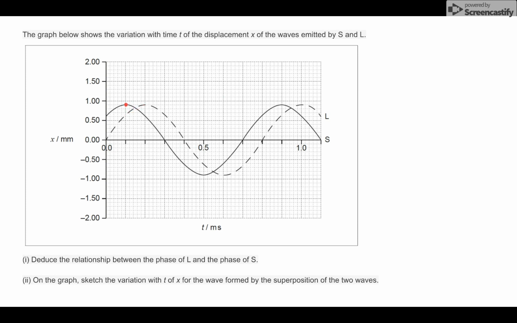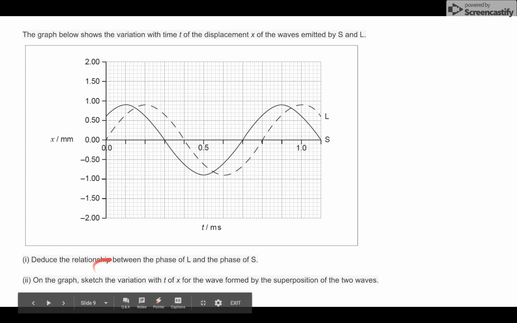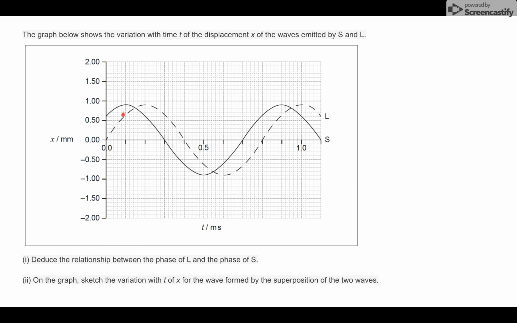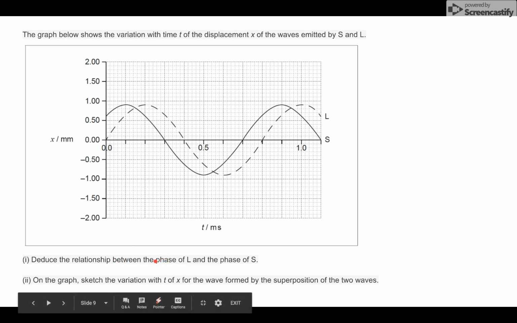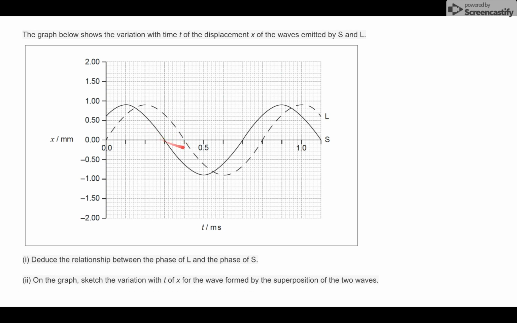So from this, we can clearly see that wave S is leading ahead of wave L. So we've answered part of the question. Now we can tell that wave S is leading ahead of wave L, but another question in order to make this answer complete is, by how much is wave S leading wave L? In order to answer this question, we need to know the difference in the time.